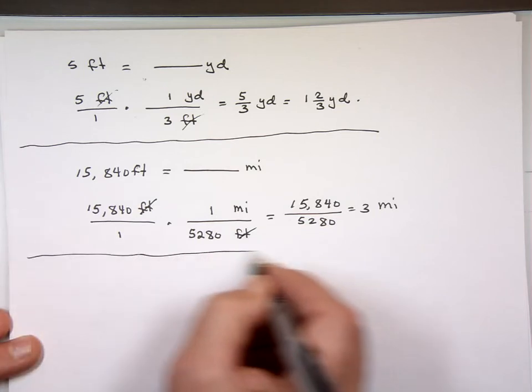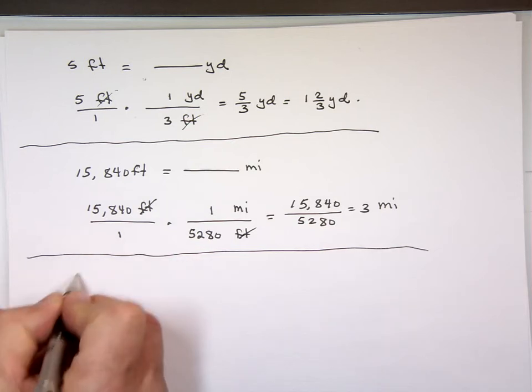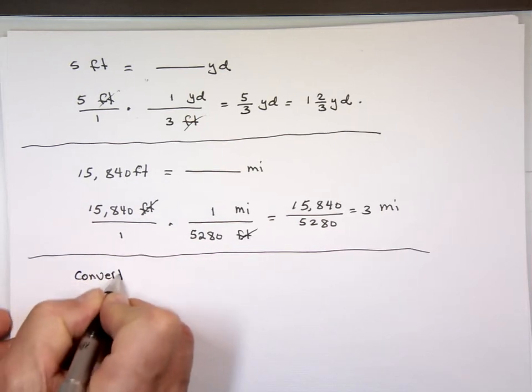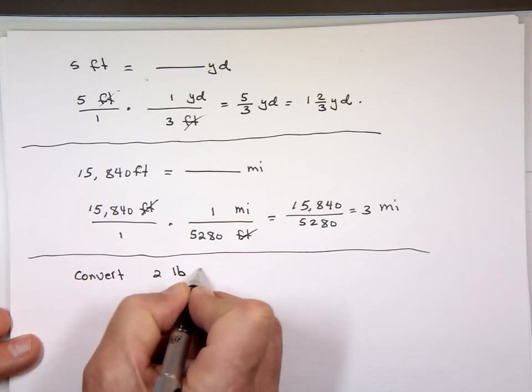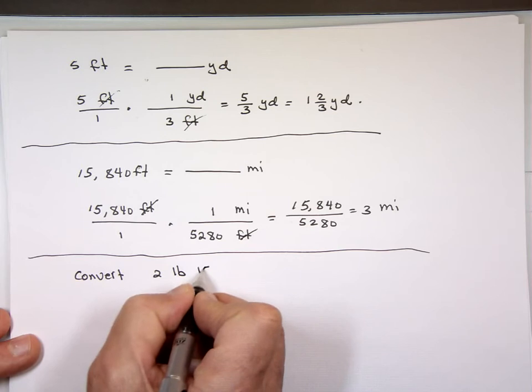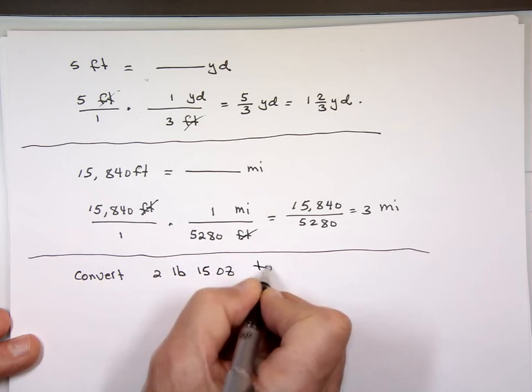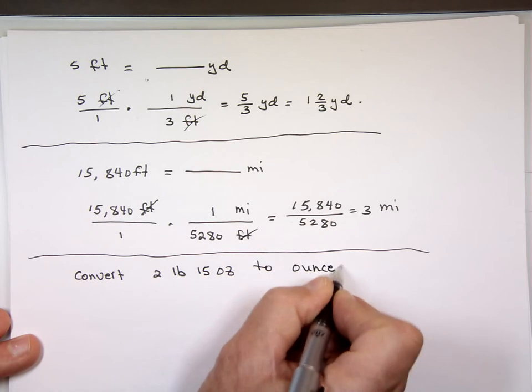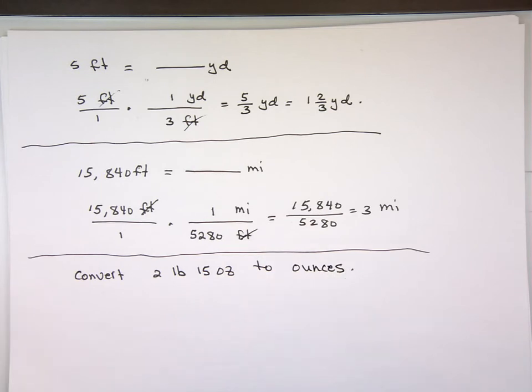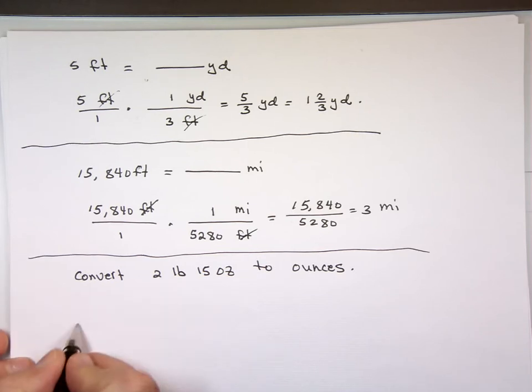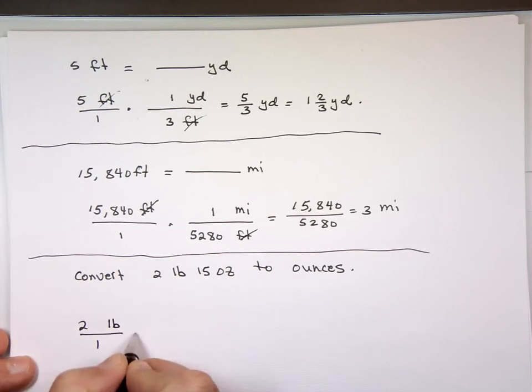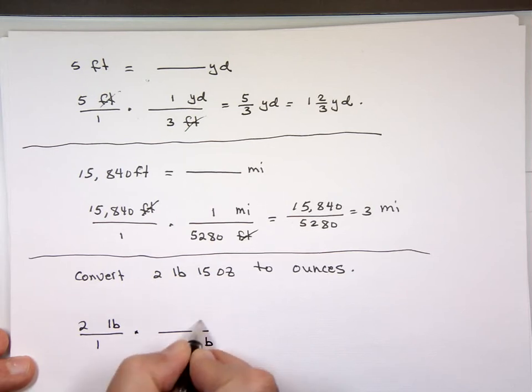Sometimes the problem is a little bit tricky. You'll have to convert something like this: 2 pounds, 15 ounces. So this is pounds and ounces. How do we convert that one? Well, let's take the pounds. 2 pounds over 1, and I want to convert that to ounces, so I want pounds on the bottom, ounces on the top.